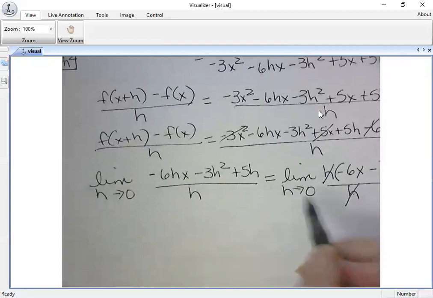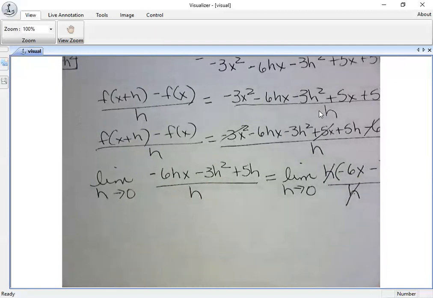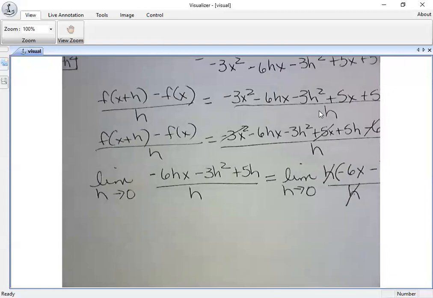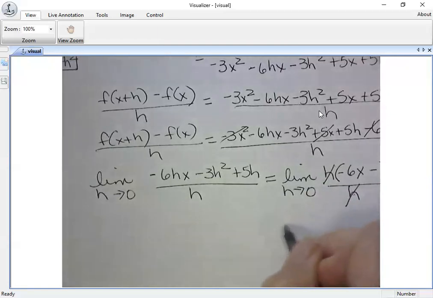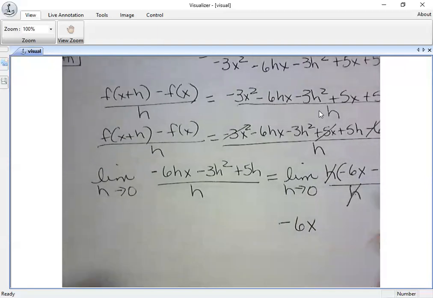So now I'm ready to sub in, and that means that I will find this limit by putting 0 in for h, and I'm going to get negative 6x, because there's no h there, so that term just stays like it is. What happens if I put in 0 for h here?